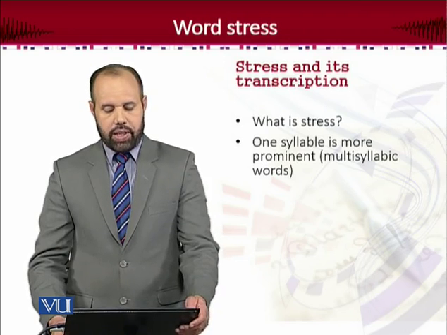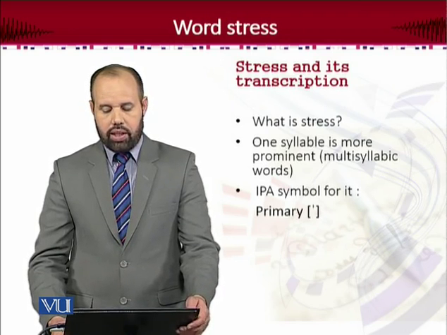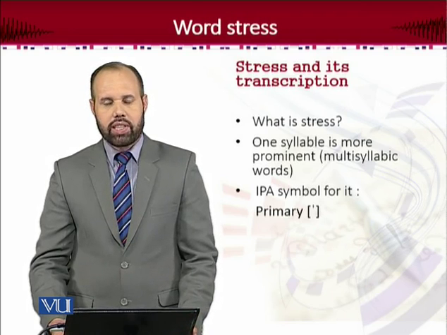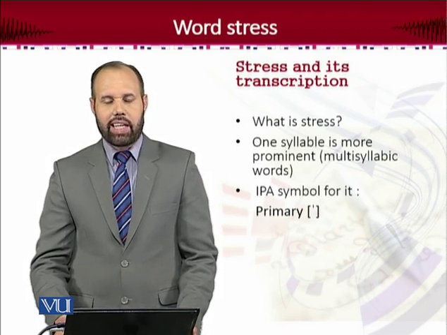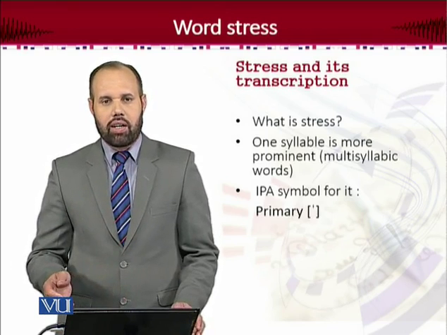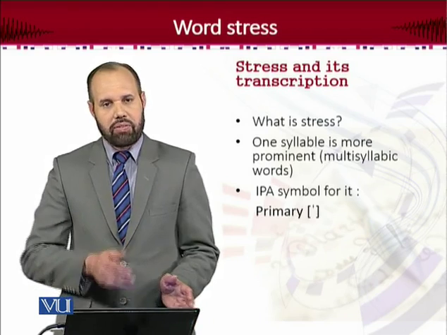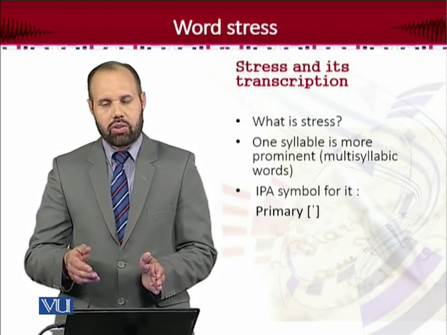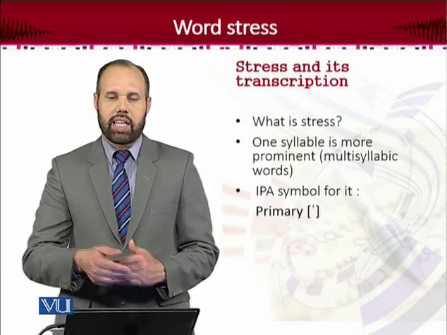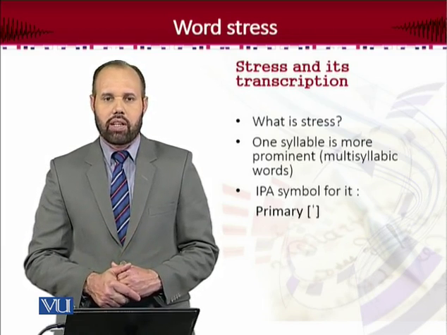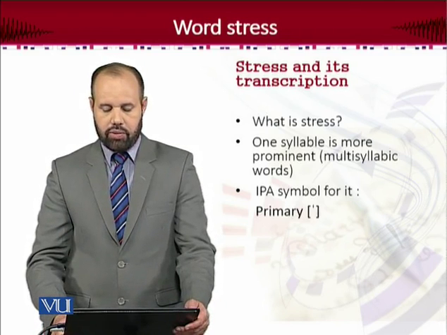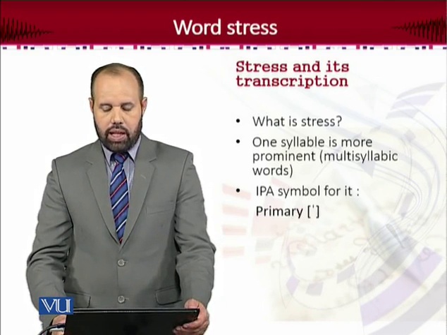The IPA symbol for stress is a small vertical line, and it is placed above the sound, above the syllable, before the syllable starts. So before the syllable and above the initial segment, the small vertical line is put there, which is written here as the primary stress.